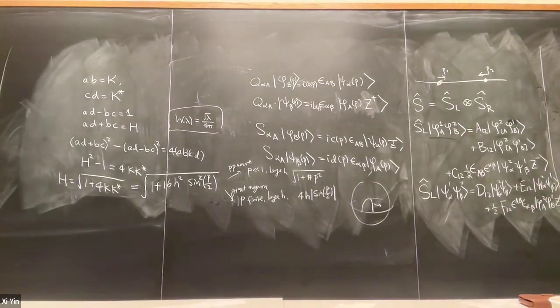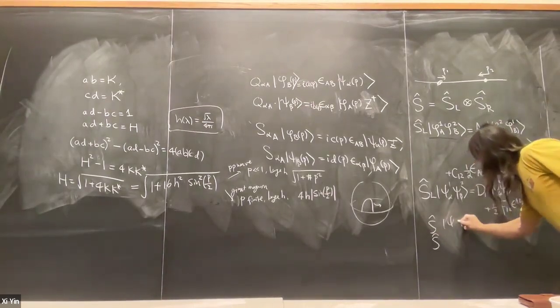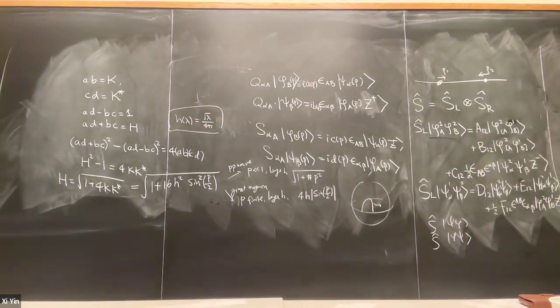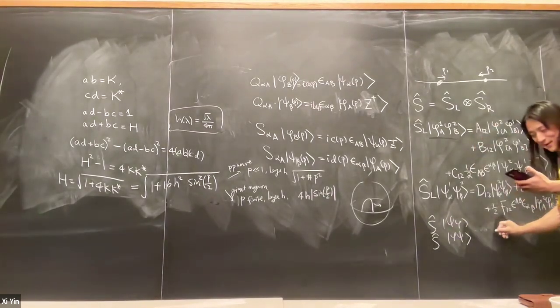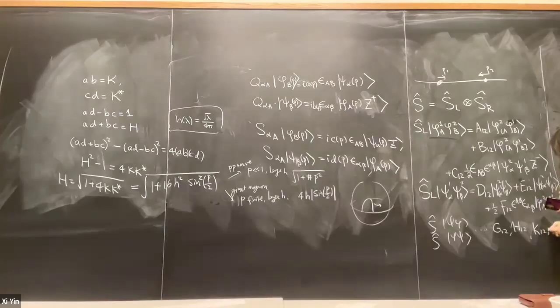So I've got that. I've got two more: the psi phi and phi psi. You can look up the formula. I'm not going to keep writing this, but they involve 4 more things: G12, H12, K12, L12.